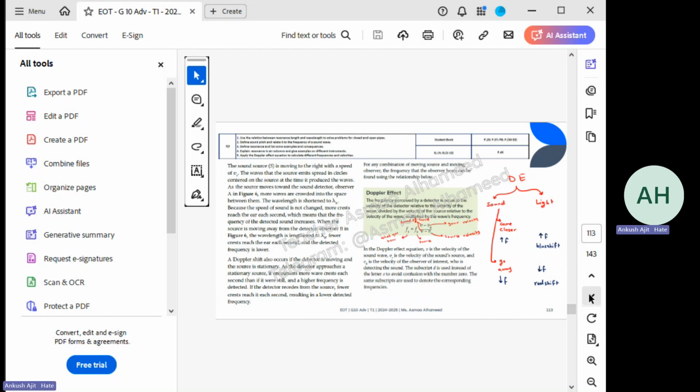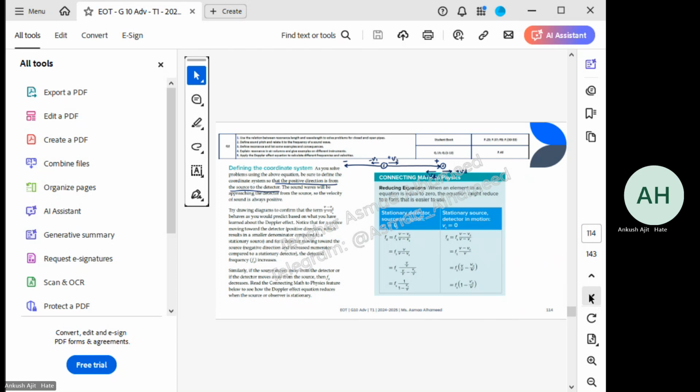This is the connecting law, everybody knows that. You have to understand when to take positive and when to take negative. Source coming towards the observer, positive. Going away, negative.